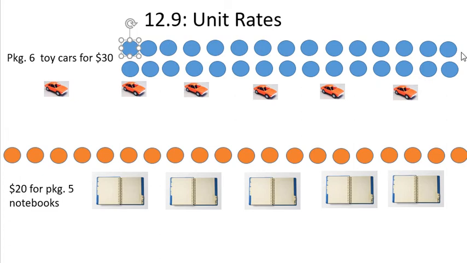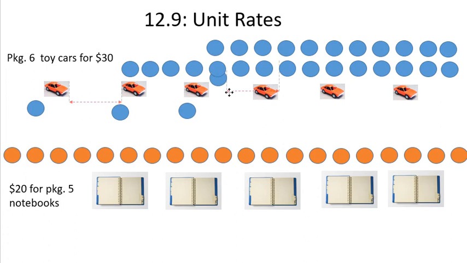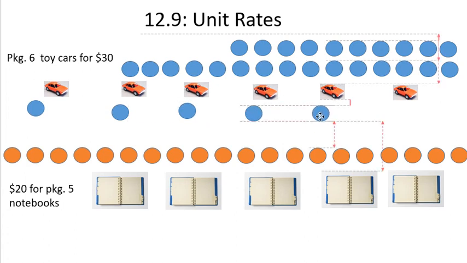I have 30 blue circles up here. And by all means, if you can make an inference first to see how many dollars one toy car would cost, please do so. So I'm going to do it, of course, manually, one at a time. Here we have one. As we keep moving, we move one at a time to see how many end up in each section.